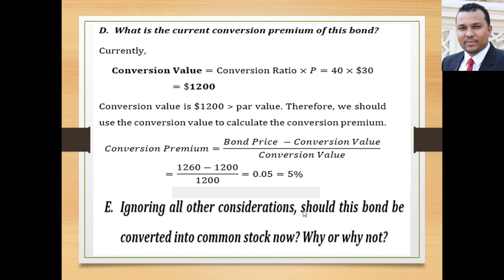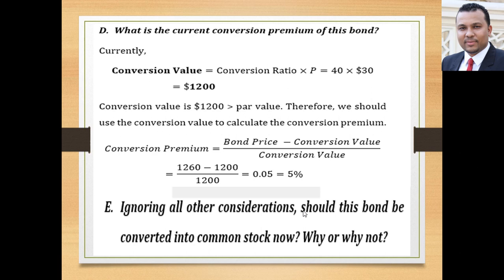Important notes in our pages 140, 141 about convertible bonds. Number one, a convertible bond is considered a hybrid investment because we invest in both fixed income investment and equity investment. We talk about a mix between the bond and common stocks because this bond can be converted.